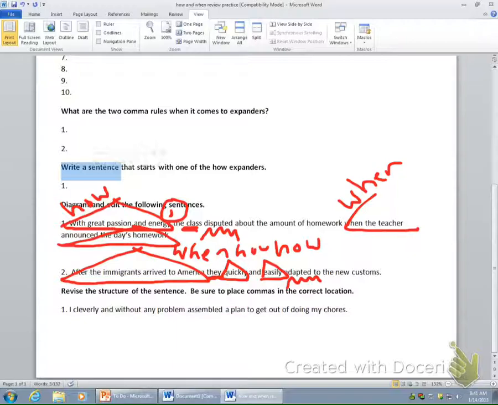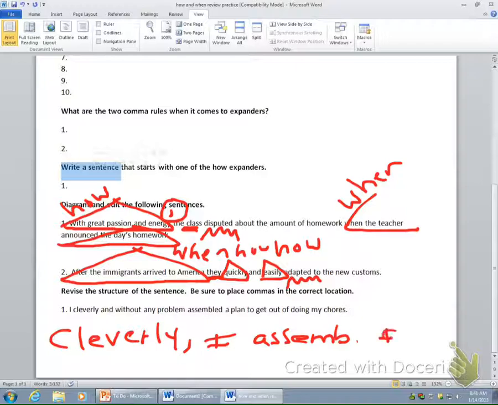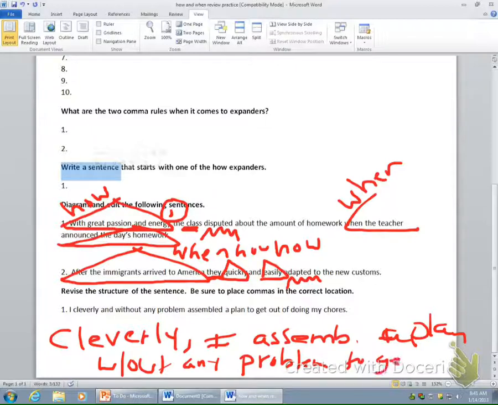All right, so one way to revise it is I could start off with cleverly, comma, cleverly, I assembled a plan without any problem to get out of doing my chores.